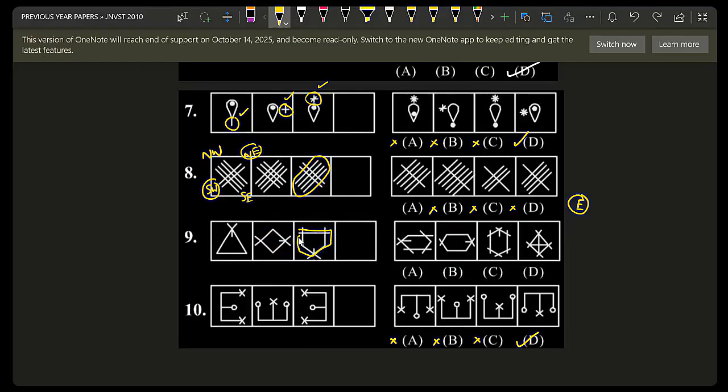In a pentagon, we have? How many? 5 sides. So the number of sides are increasing by 1 each time, right? So the next step, it's going to be 6 sides. 6 sides is a hexagon. Either A may be correct, B may be correct, C may be correct, but D is wrong because in D there are no 6 sides, right? Yes, Lokesh? D is eliminated.